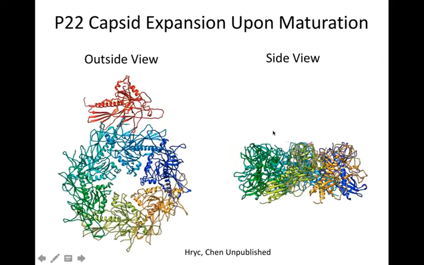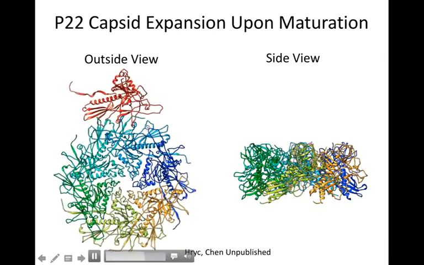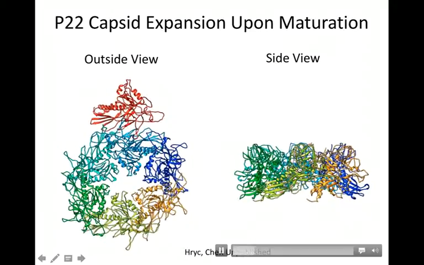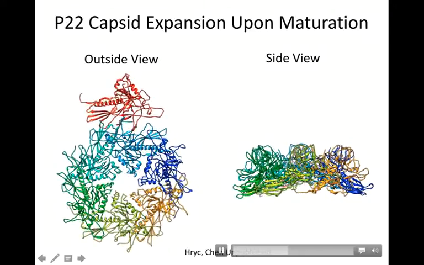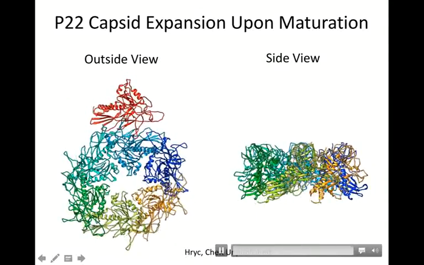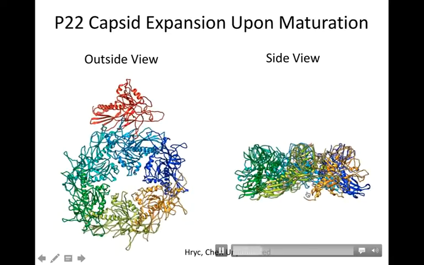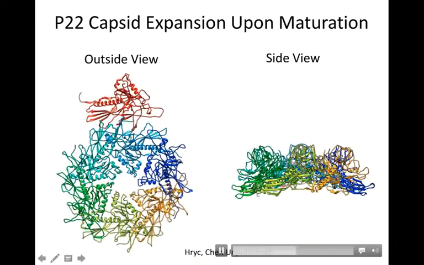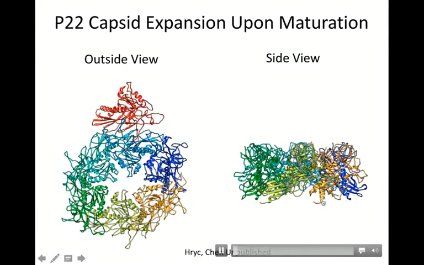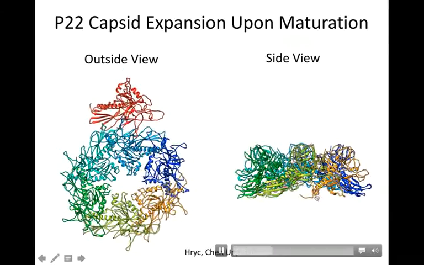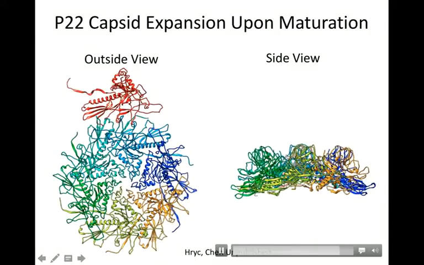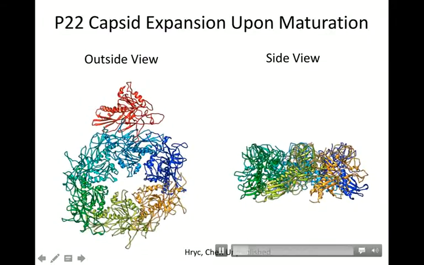Now if we look at these asymmetric units in a side view, you can see the thickness of this capsid shell is reduced when it transforms from the procapsid to the mature virion. Again, this is very characteristic: it goes from helix to loop when you mature from procapsid to mature virion.